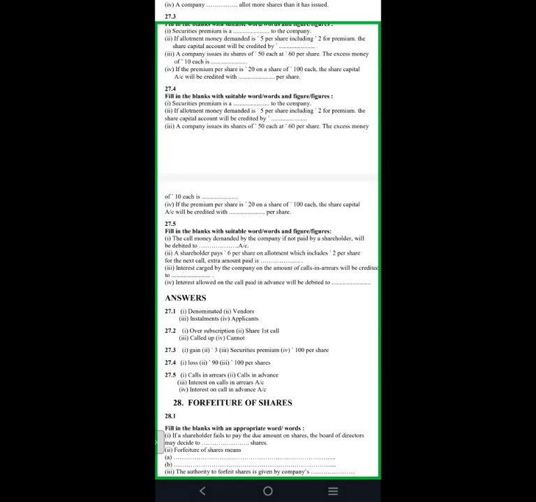Fill in the blanks with the suitable word or words, figure or figures. Securities premium is a loss to the company.